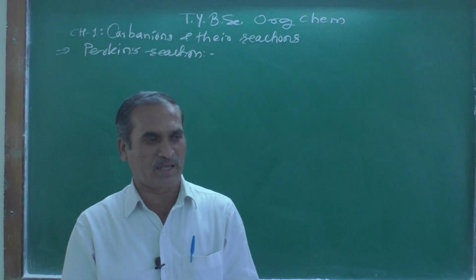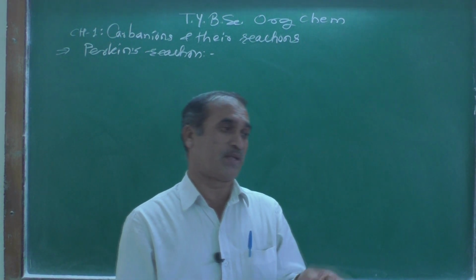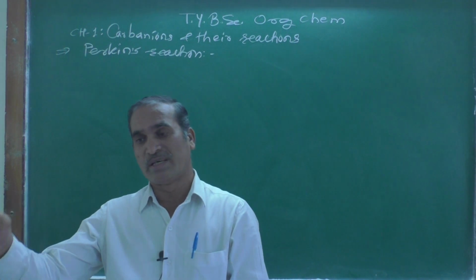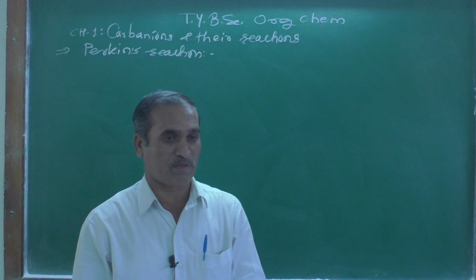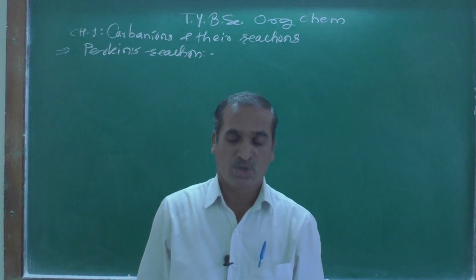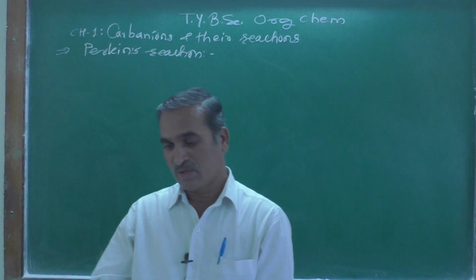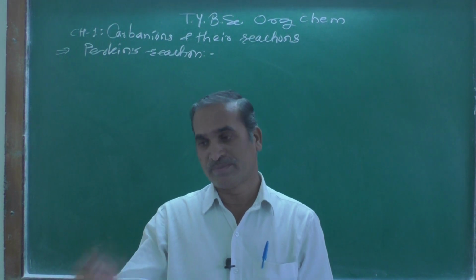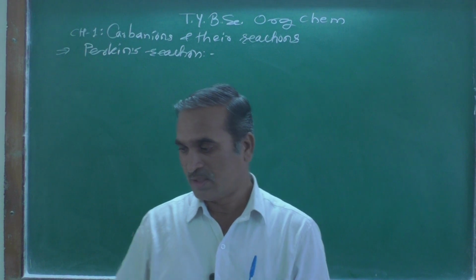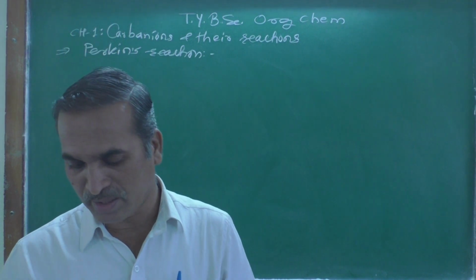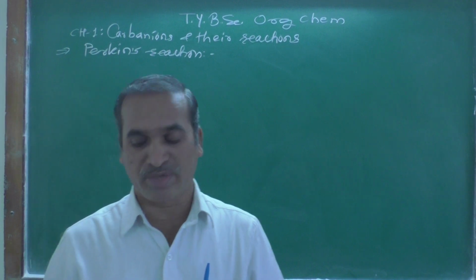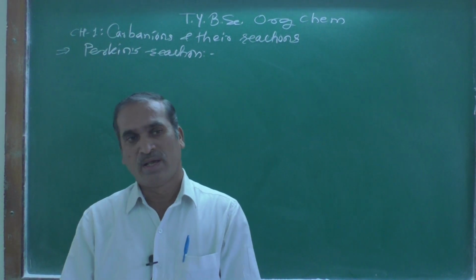Once the carbanion is formed, if it picks up a proton, that results in a neutral molecule. But when it attacks a carbon atom, there is formation of a new carbon-carbon bond, a condensation reaction occurs, and we get the resulting product.